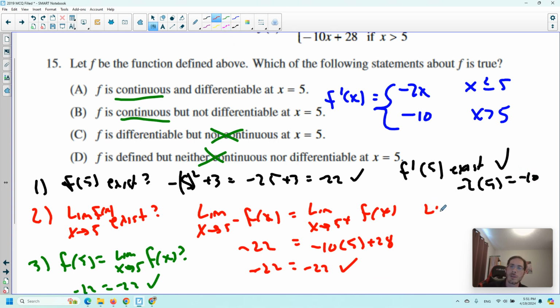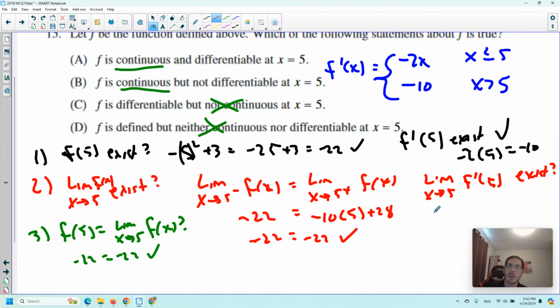Does the limit as x approaches 5 of f prime of x exist? Yes, it does. So the limit as x approaches 5 from the left of f prime of x will equal the limit as x approaches 5 from the right of f prime of x, because we got negative 10 from here.